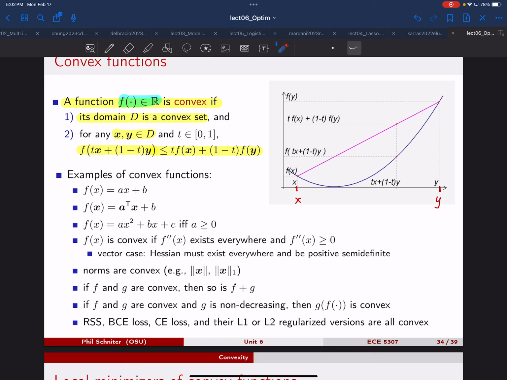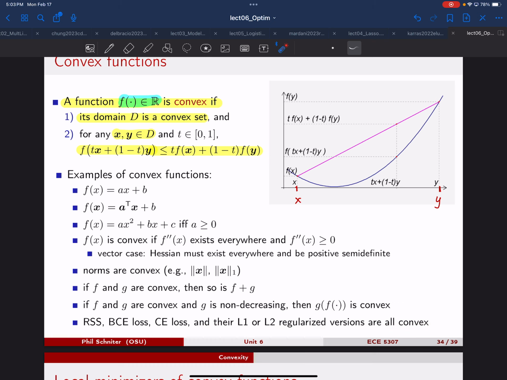If you put these two terms together, we know that RSS is convex. It's based on these ideas. It can be shown that our binary cross-entropy or cross-entropy losses are also convex. And because we can add norms to them and have them be convex, so are all the L1 or L2 regularized versions that we've seen.